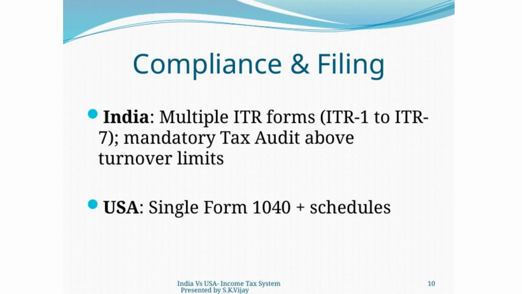Overall, these differences highlight how each country approaches tax compliance, India with its multiple forms and audit requirements, and the USA with a more streamlined, single-form system. Understanding these distinctions is crucial as we compare their income tax systems and their impact on taxpayers.